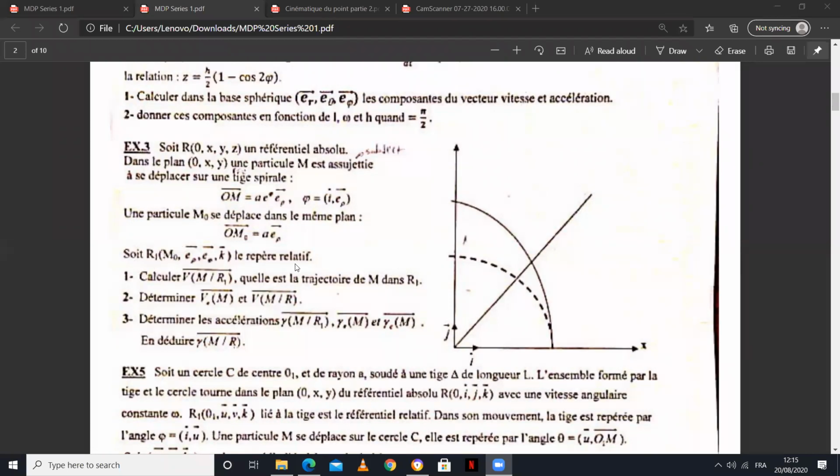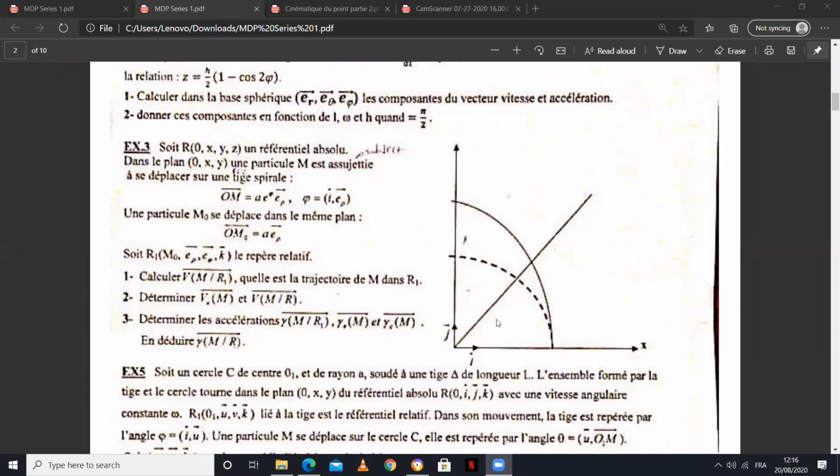So this repère relatif est en mouvement par rapport au repère absolu, au référentiel absolu, rather. So we have this M0, e_r, e_phi, k there. It's going to be moving also, it's going to be rotating like that, or being translated like that, but it's just making a movement par rapport à ce repère absolu.